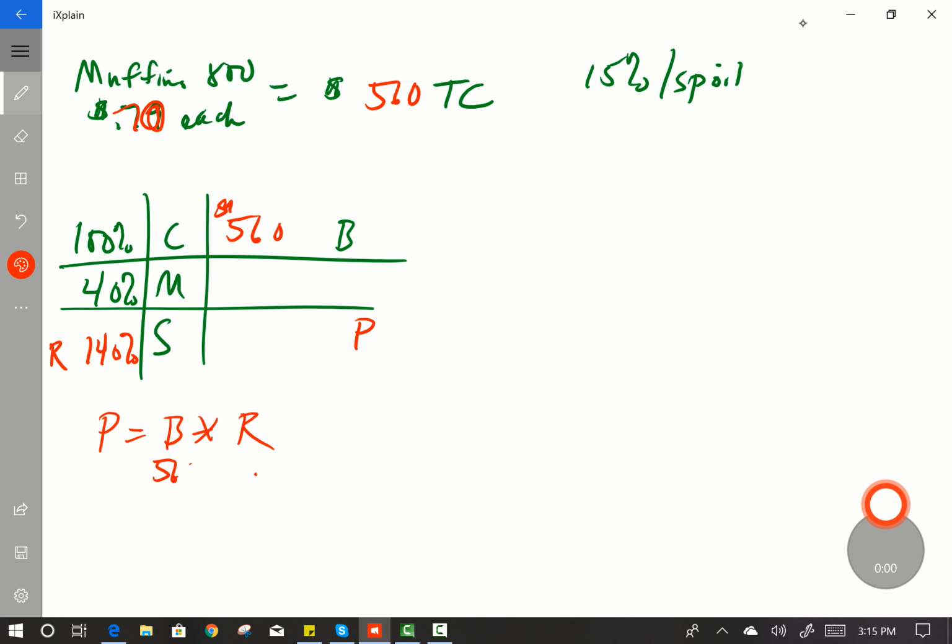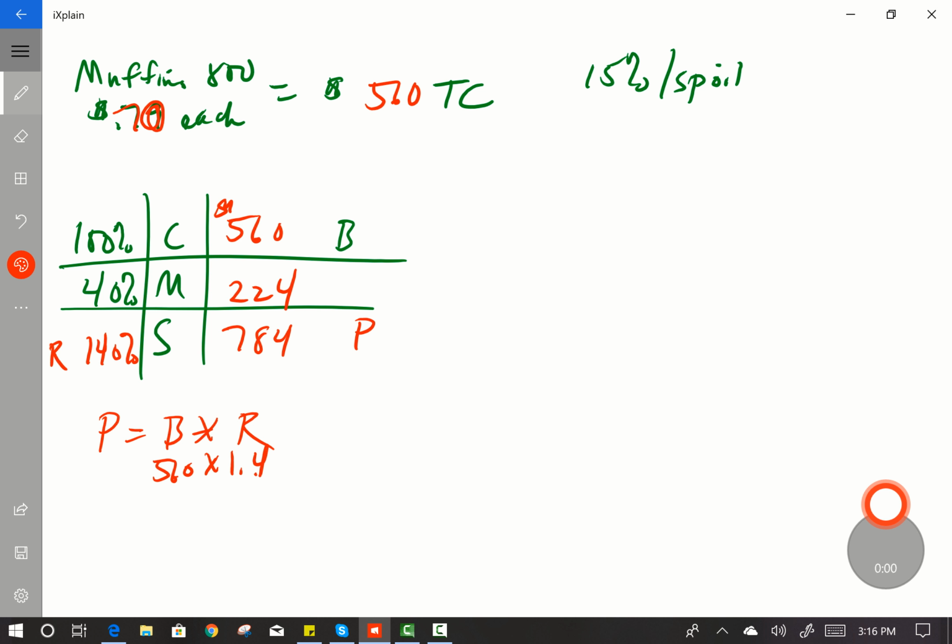That's 560 times 1.4. That's $784. Then the difference between the selling price and the cost is $224. And now, okay, good. Got this one worked out.